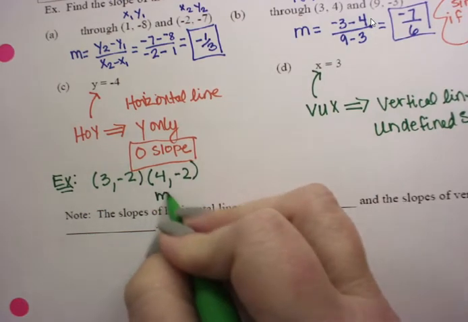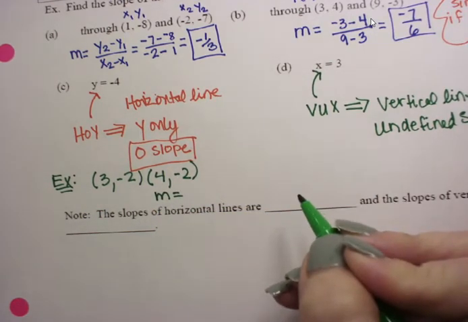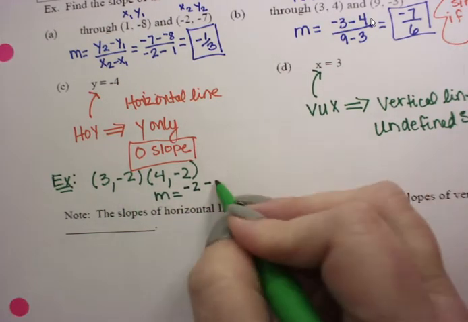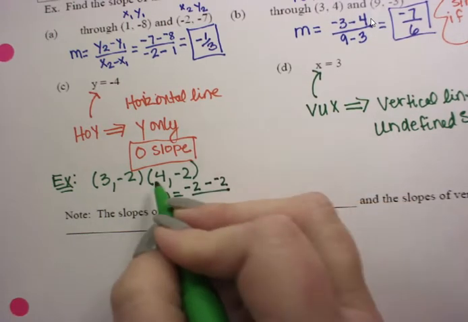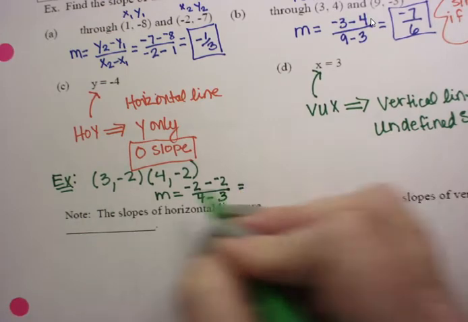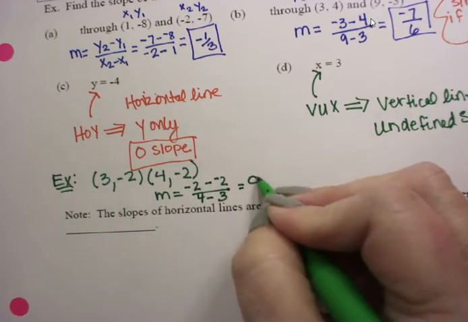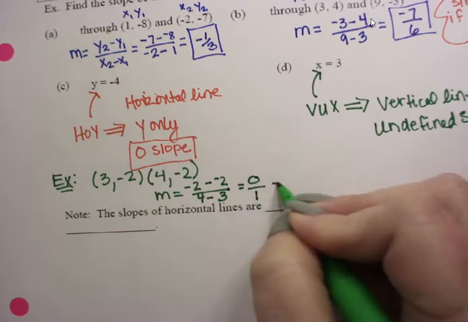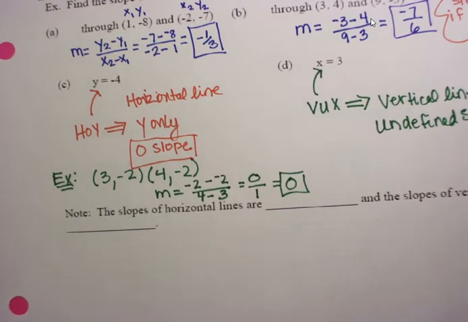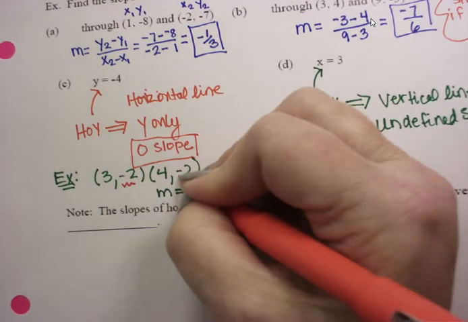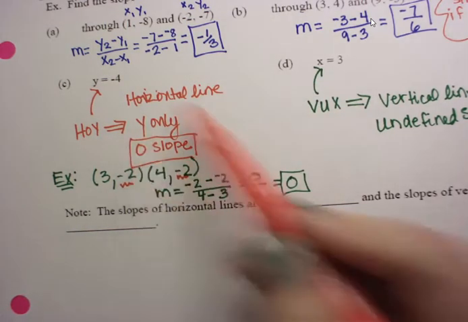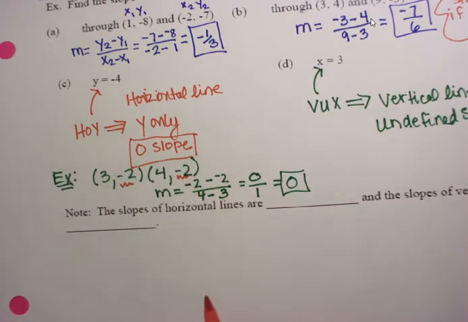If you calculate that using the formula, you would have y sub 2 is -2, subtract y sub 1 is -2, over x sub 2 is 4, subtract x sub 1, which is 3. -2 subtract -2 is 0. 4 subtract 3 is 1. That is 0. So in this case, notice that our y values are the same, and that's a y only situation. That's going to be a horizontal line.